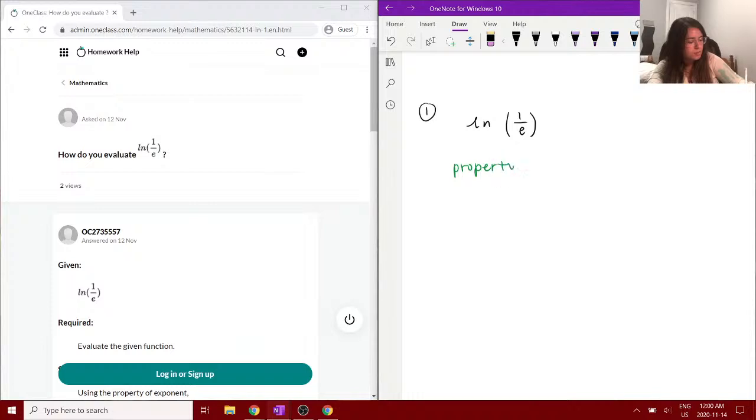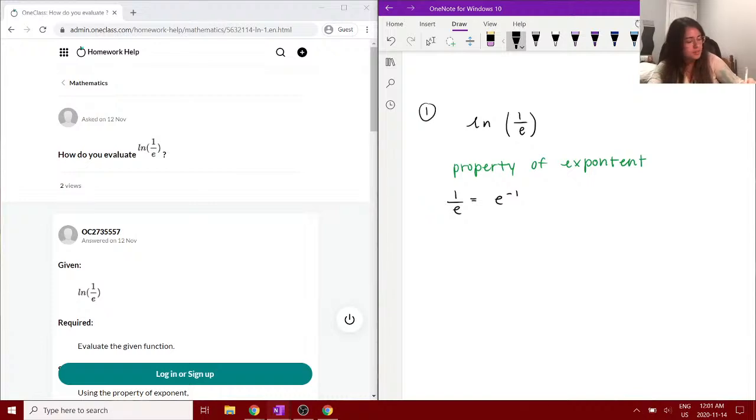So in this case, because we have 1 over e, we can write 1 over e as e to the minus 1 instead.